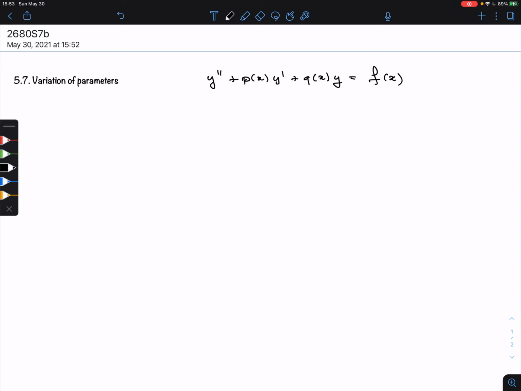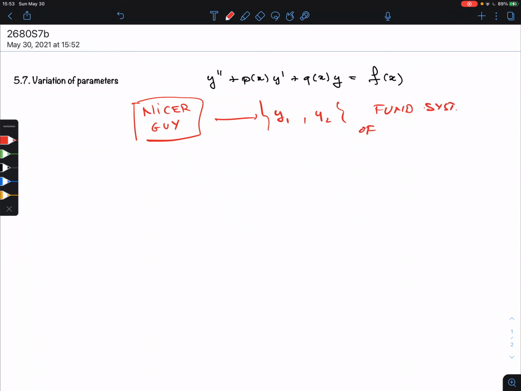Okay, so a nicer guy gives us the full fundamental system. He gives us y1 and y2. This is a fundamental system of solutions of the complementary homogeneous one. Okay, instead of one, he gives two.